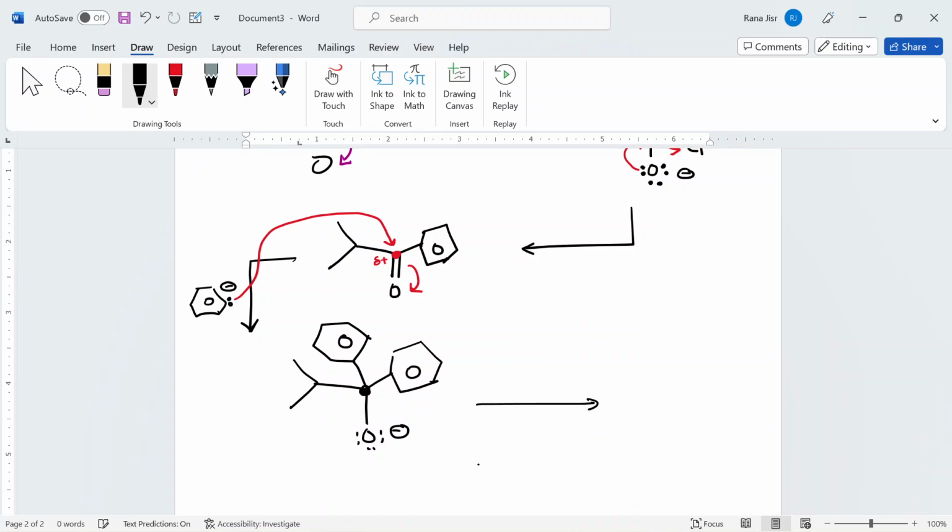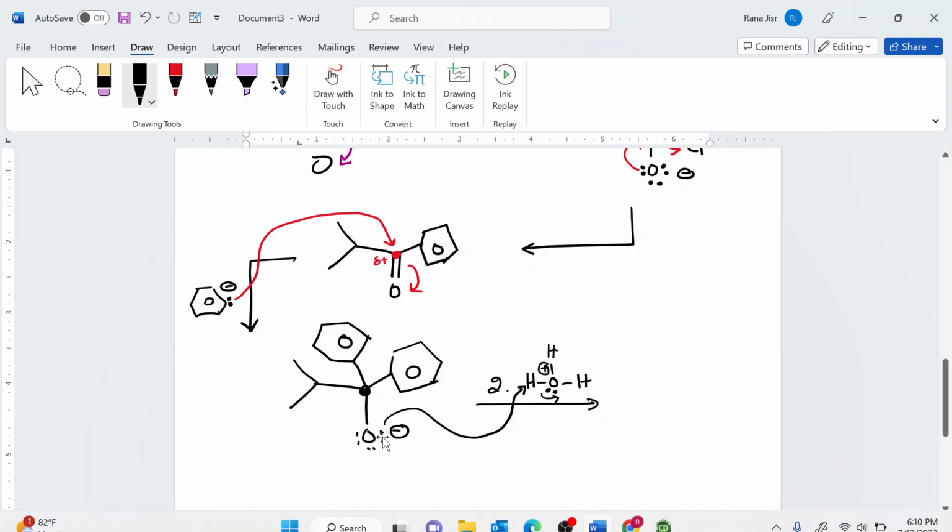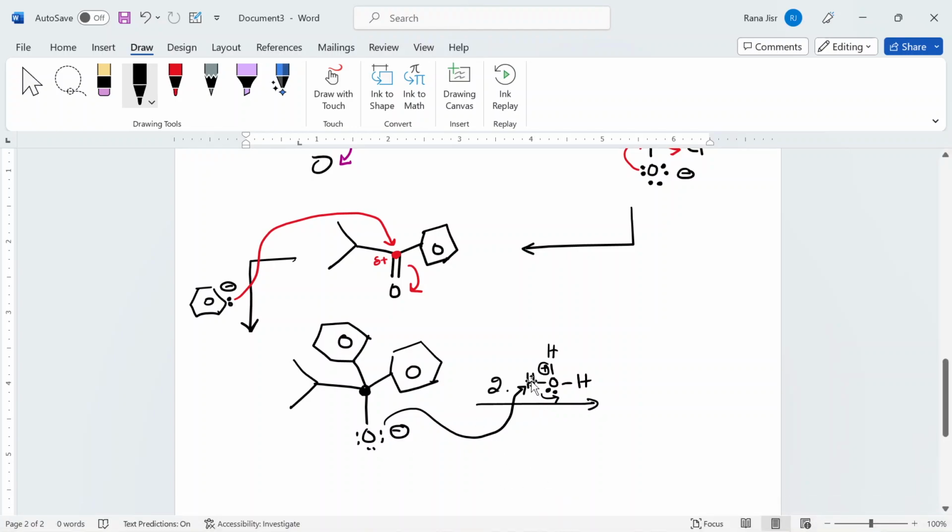So now I'm done. I'm going to go ahead and use the last step in the reaction using the acid or water. It doesn't matter, any solvent that has a hydrogen, and that is going to come protonate the oxygen. Water is going to leave. Notice again my arrow is from the more electron to the less electron, from the oxygen towards the hydrogen.